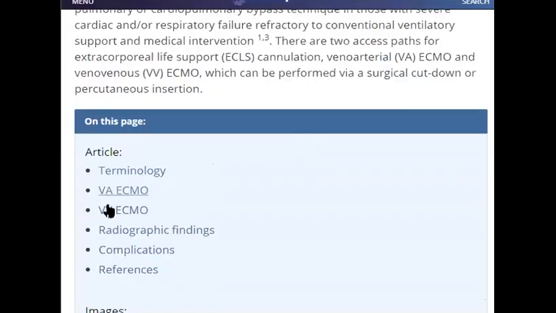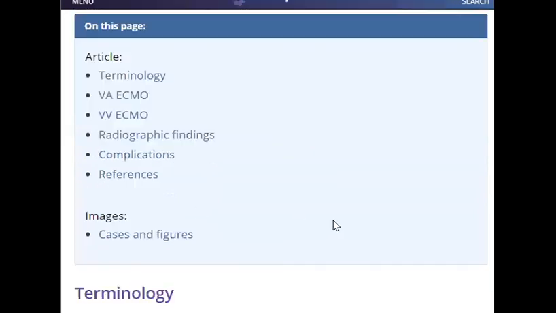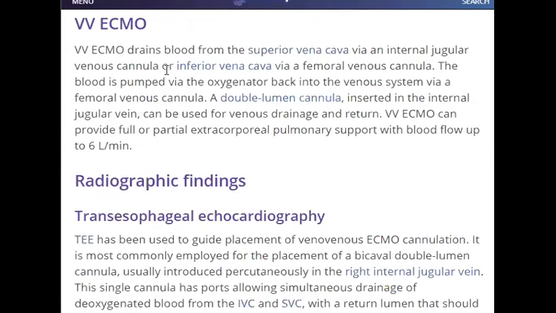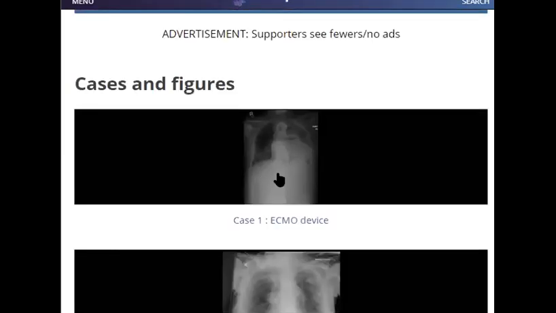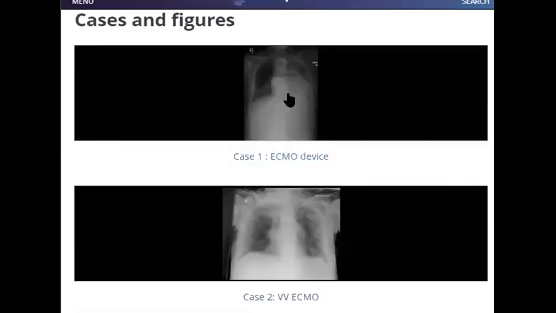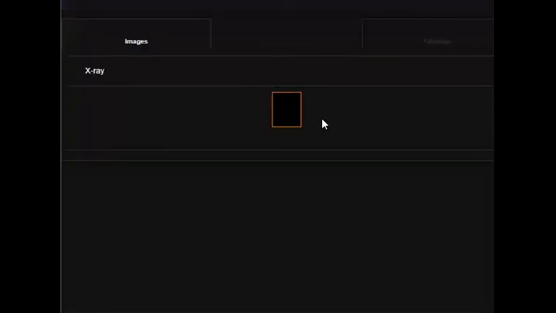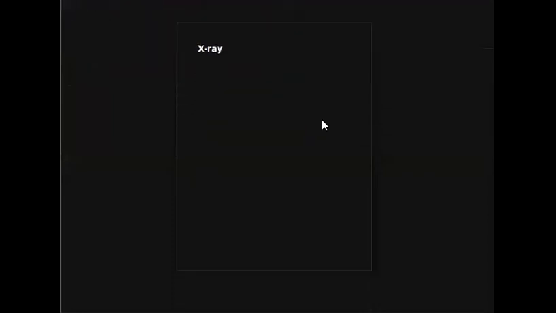The most common types to use are veno-venous and veno-arterial. One in the brachiocephalic, the other in the subclavian. Perfect. I just want to show you how it can be, to be familiar with it.